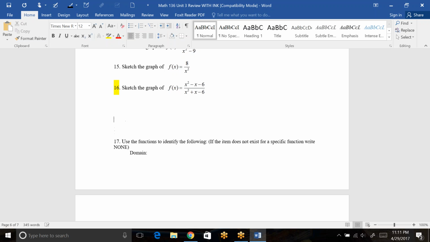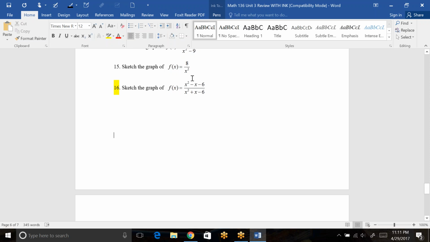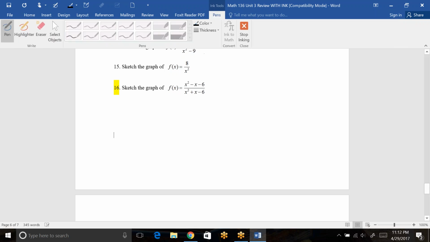Now, this one is a graph of a rational function. The reason I know that is because there's x's on both top and bottom. So the first thing we want to try to do is see if this is factorable. If I look at the top, this is negative 6, that's different signs, and we want it to be a negative 1.